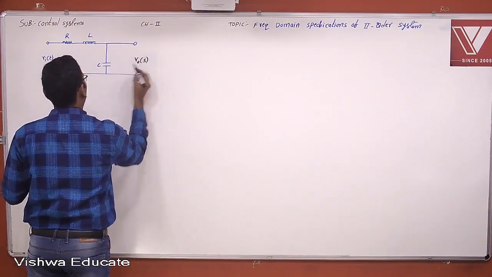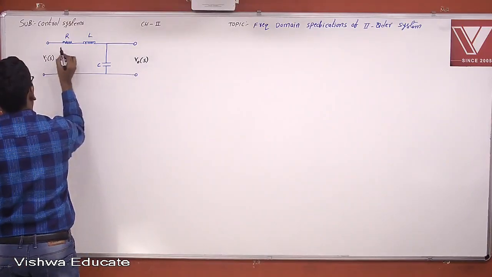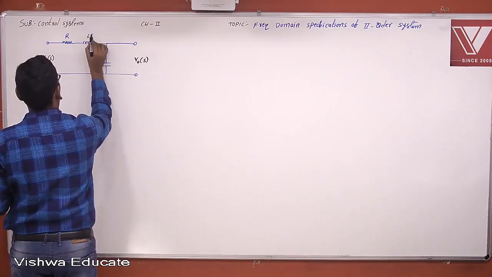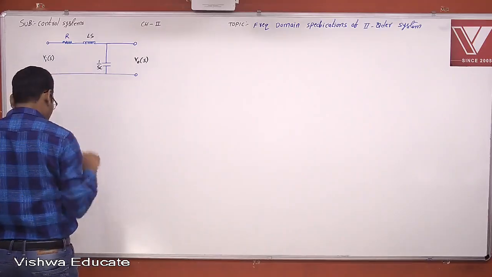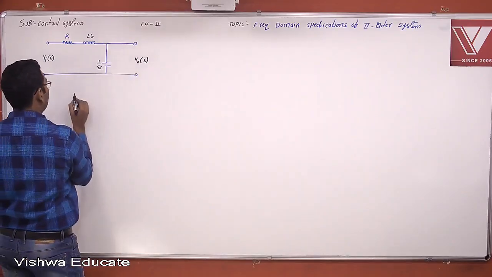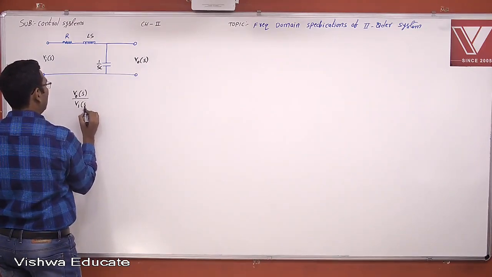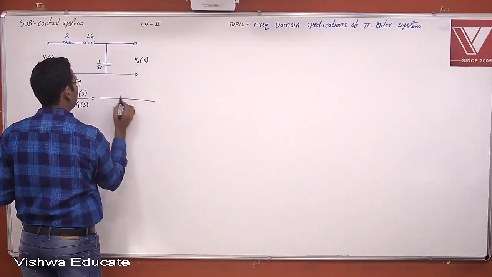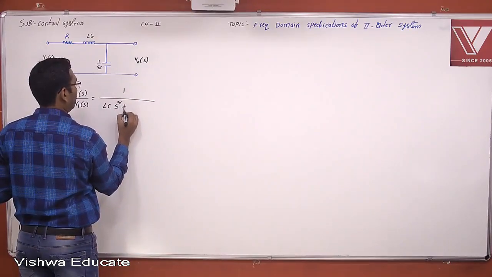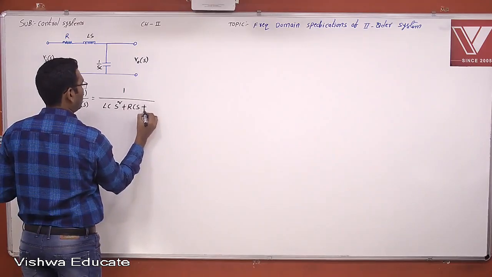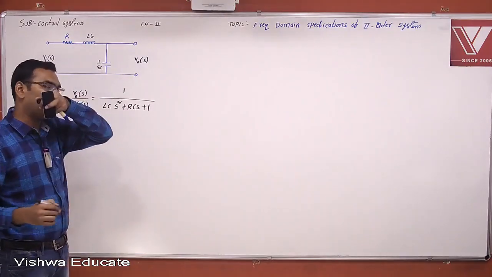Laplace transformation of Vi of t is Vi of s. Laplace transformation of R is R. Laplace transformation of L is Ls. Laplace transformation of C is 1 by Sc. You already found the transfer function. Voltage across this resistance, output by input, is the transfer function: that resistance by the total impedance, which you already simplified, 1 by LCs square plus RCs plus 1. This is the transfer function, which we already did as the same problem in the transfer function analysis.